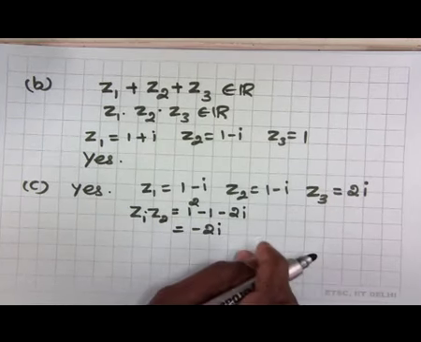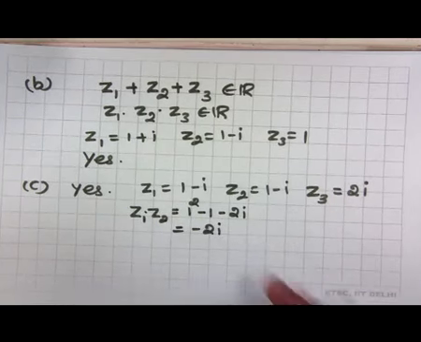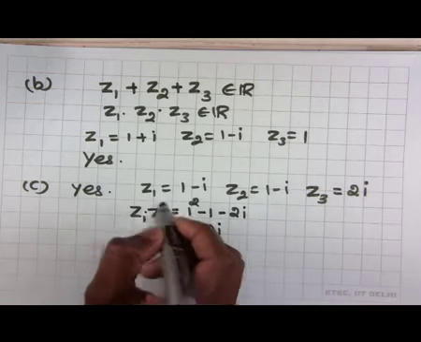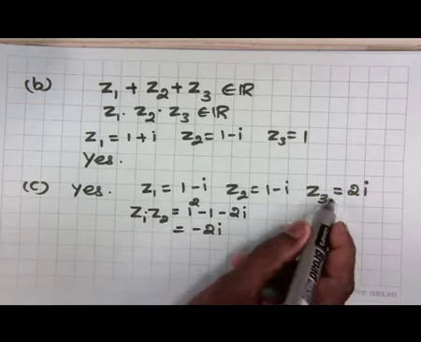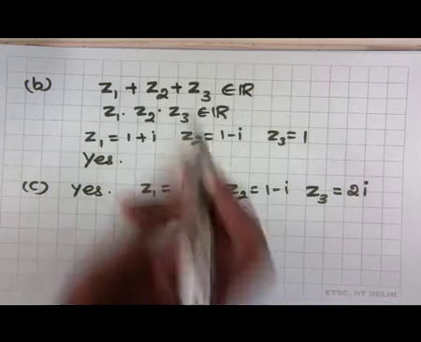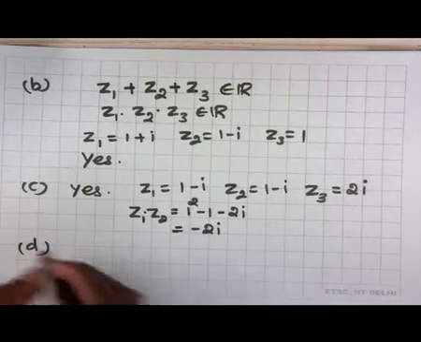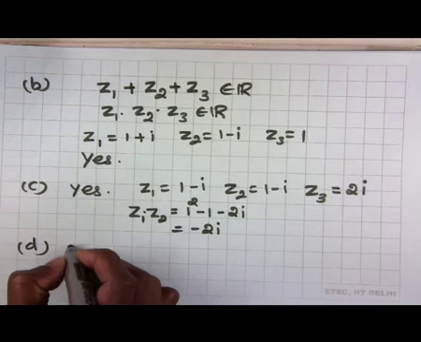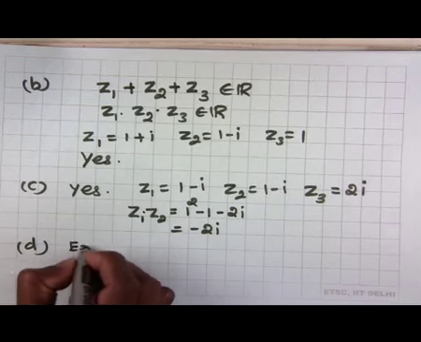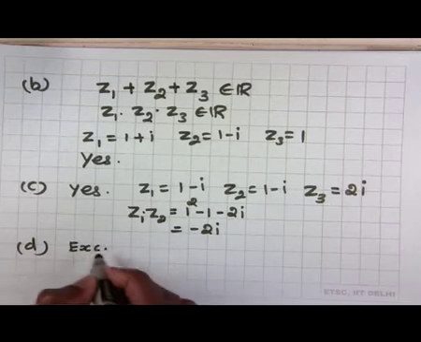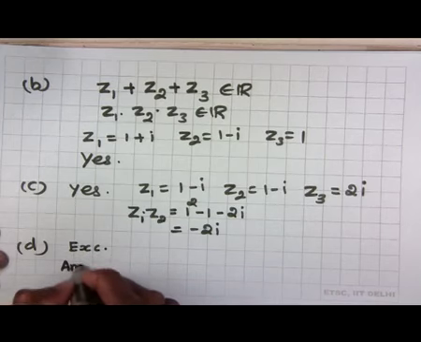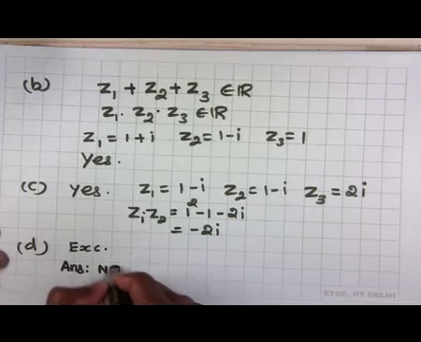Now, when you take the product with Z3, you get a real number. So, the exercise for you is to find the other set of pair where it satisfies this. D I again leave as an exercise, but I will write down the answer. The answer is that this choice is not possible, but you try to do it.